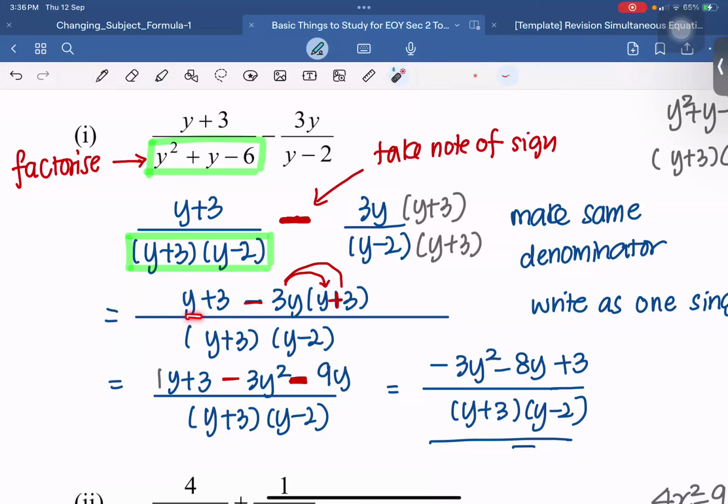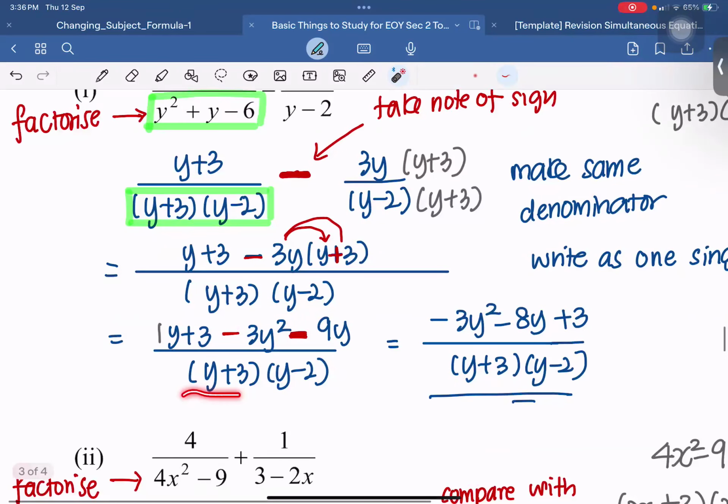So we keep this y plus 3. -3y times y gives you -3y squared. -3y times +3 becomes? -9y. Correct. Then we simplify our equation and get this answer.